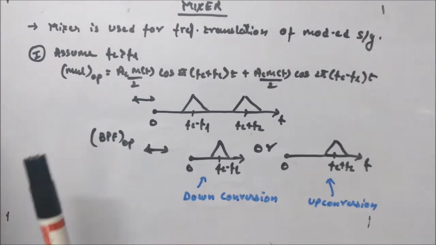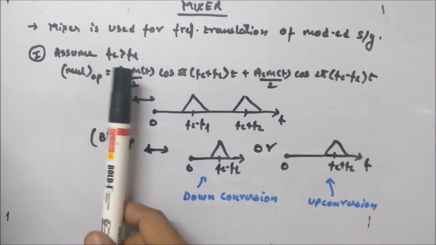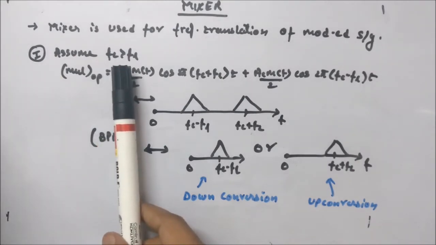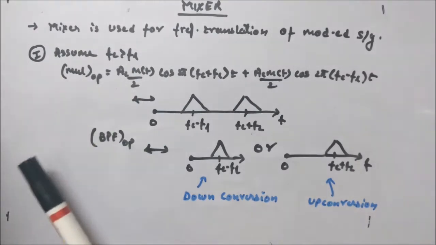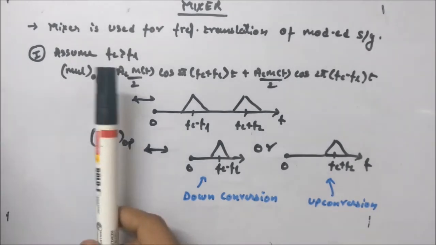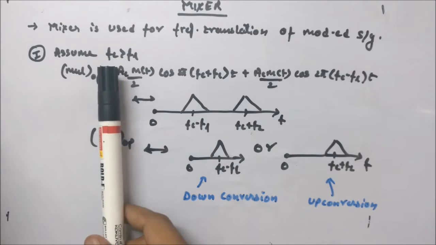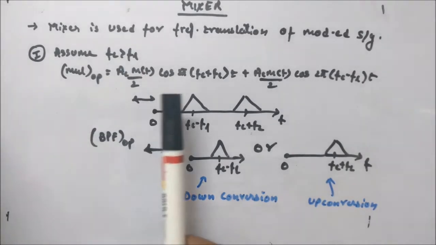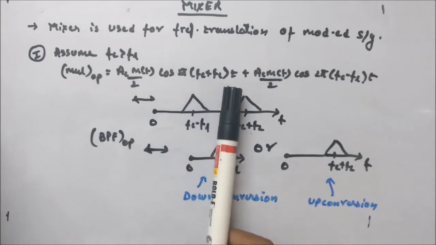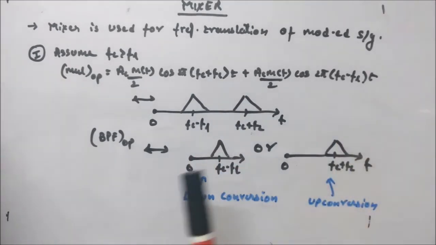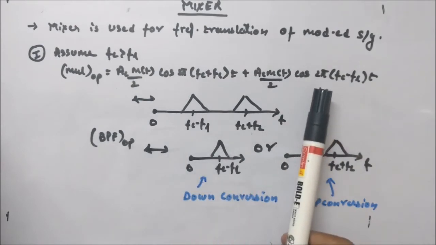Depending upon the value of fc and fL, we will have two cases. The first case is when fc is greater than fL. The second case, fL greater than fc, we will deal with later. So the first case we are dealing with now. If fc is greater than fL, the multiplier output will be Ac m(t) divided by 2 cos 2 pi (fc plus fL) t plus Ac m(t) divided by 2 cos 2 pi (fc minus fL) t.